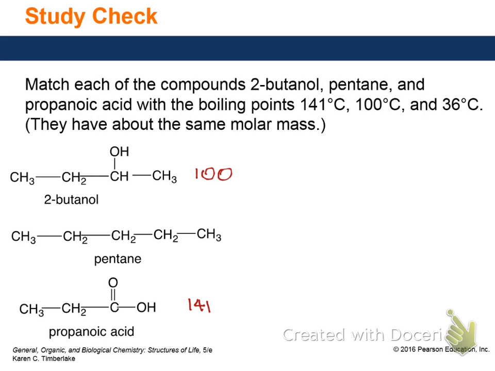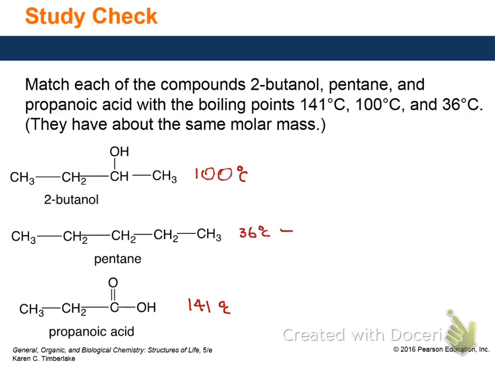So let's talk about why it is, right? That's 36 degrees Celsius for that one, 100 degrees Celsius, and 141 degrees Celsius. Okay, so first of all, 36: what kind of intermolecular forces does pentane have?